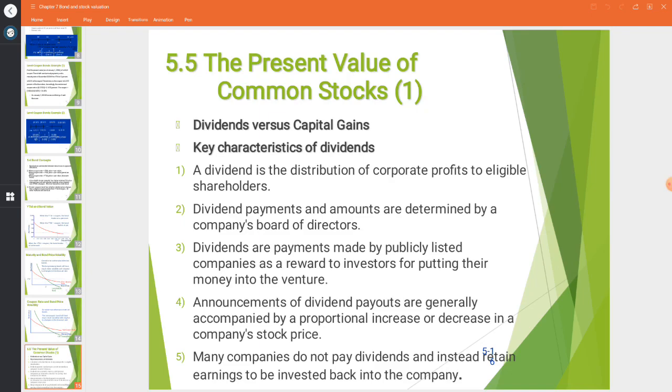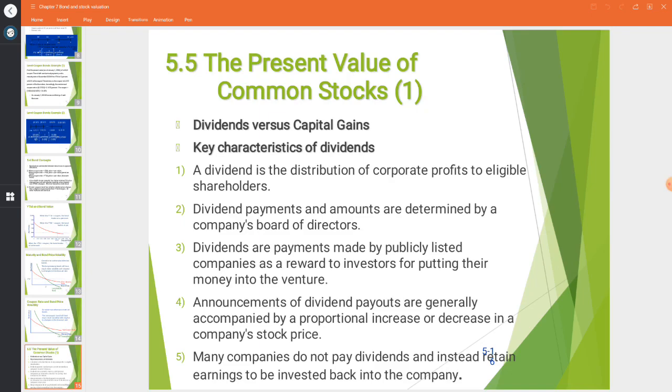The second type of cash flow is the capital gain, which is related to the market, whether we are having an increase in the market price of the stock or whether we are facing a drop in the market price of the stock.